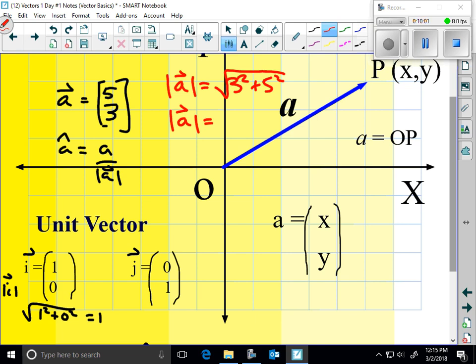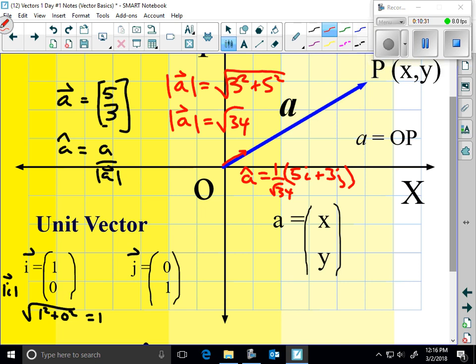That's 9 and 25, which is 34. So unit vectors aren't always going to be pretty. A hat, in this case, is going to be, I don't know, let's just say it's about that long. That vector could be written in this way. It would be the original vector, 5i plus 3j, times 1 over the square root of 34.